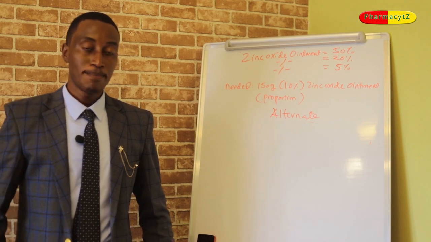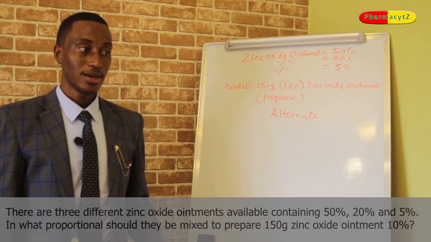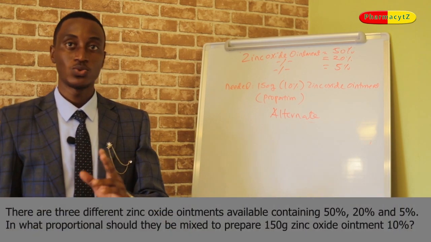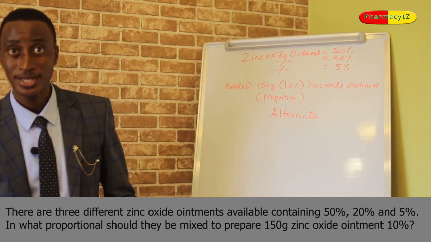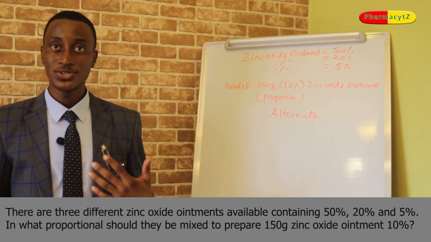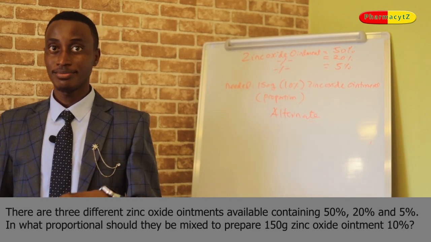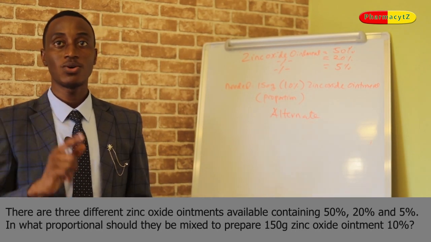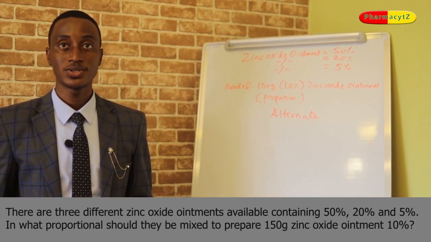The next question is about zinc oxide ointments. We have 3 different kinds of zinc oxides in the laboratory, each with a different percentage strength, and we need to use them to prepare a single percentage of zinc oxide.